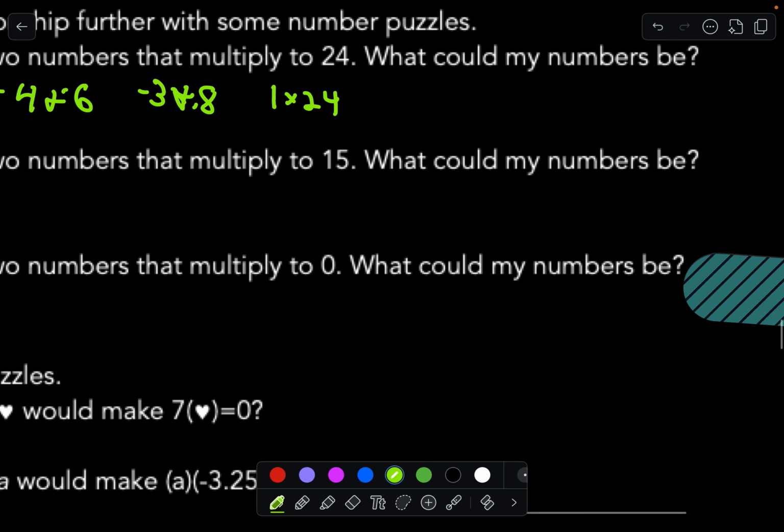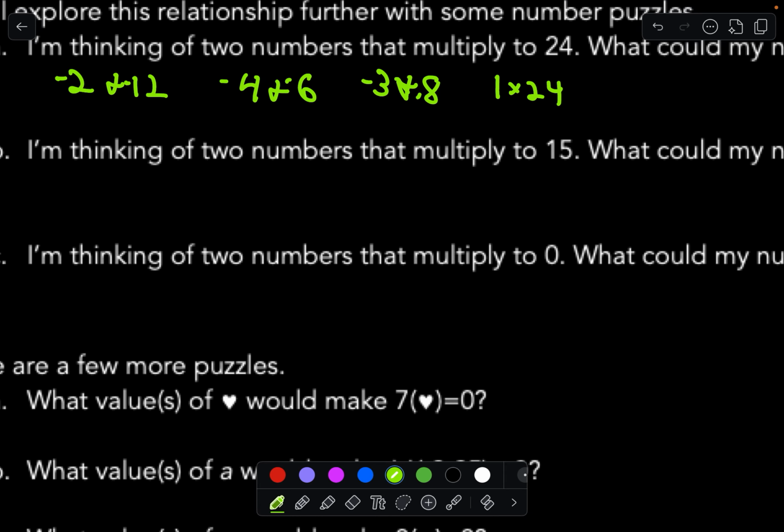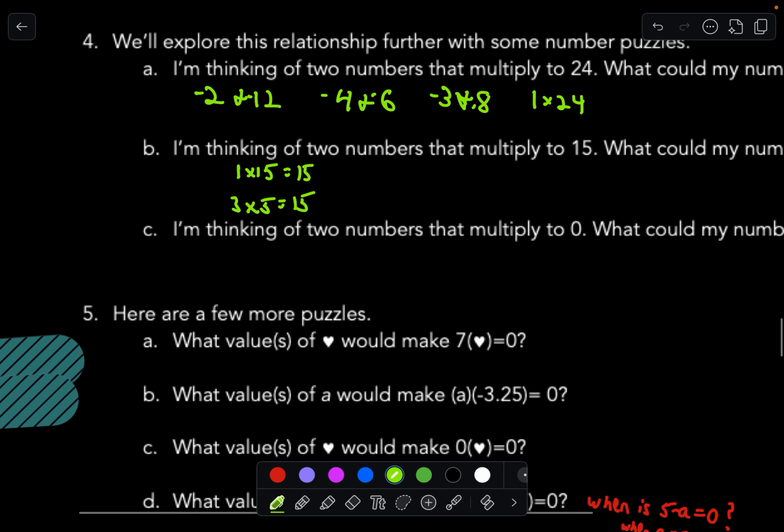I'm thinking of two numbers that multiply to 15. Well, 15 is 1 times 15, which equals 15, and 3 times 5, which equals 15. Still, we have a couple answers. Now, look at what the difference is. Now I'm thinking of two numbers that multiply to 0.